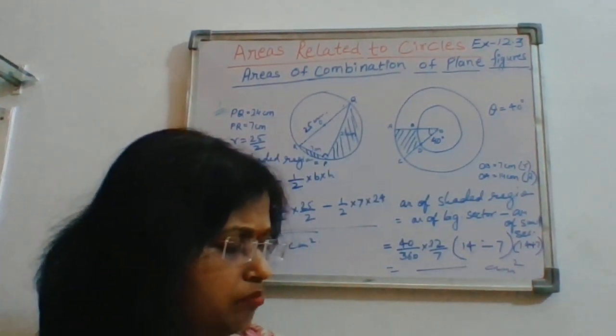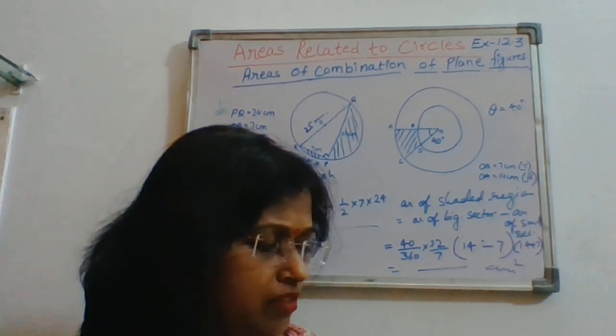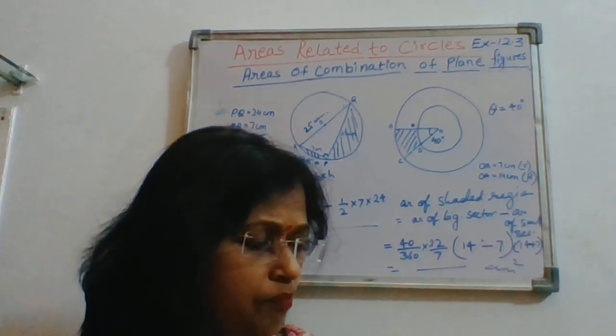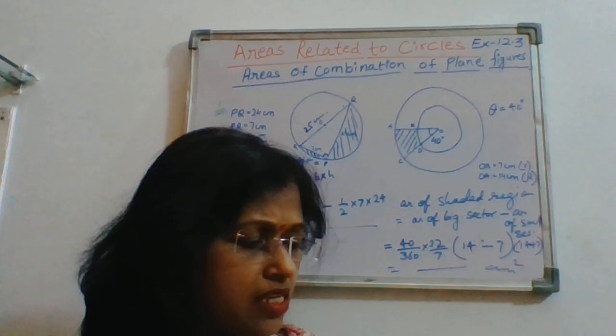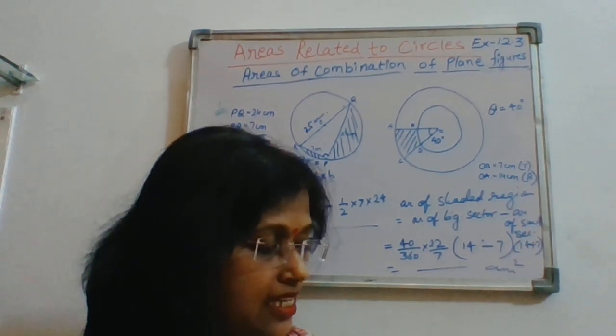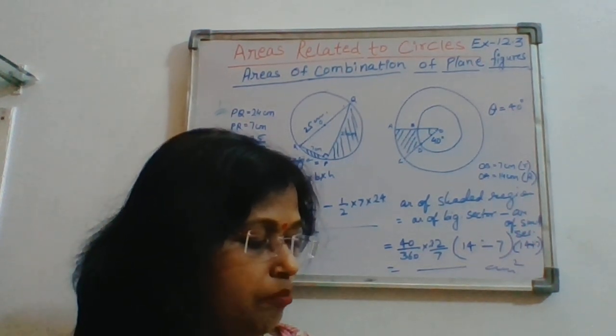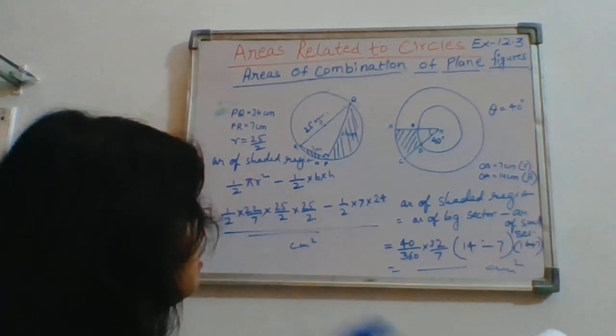Now, question number 3. Find the area of the shaded region in the given figure, if ABCD is a square of side 14 centimeter and APD and BPC are semicircles.